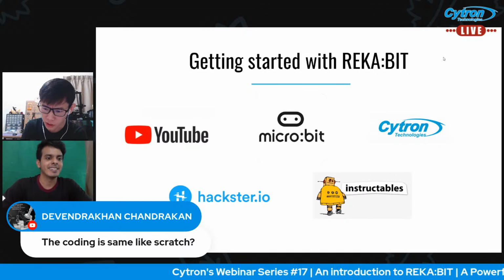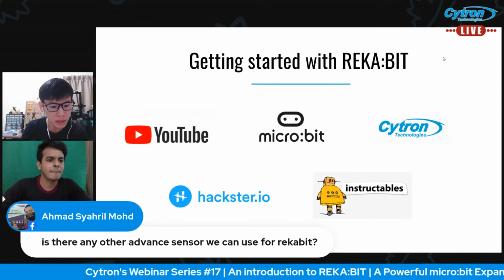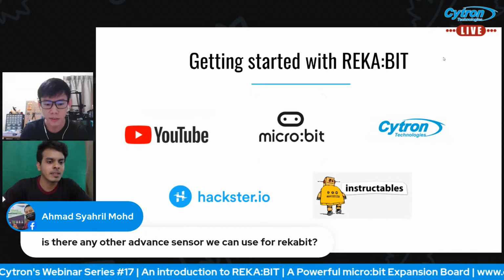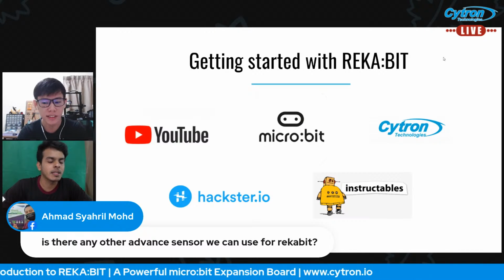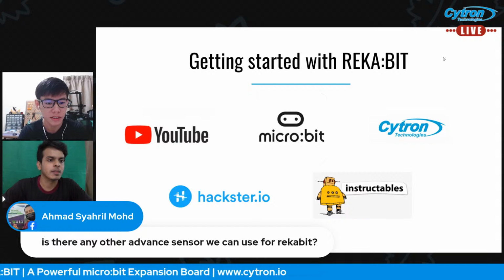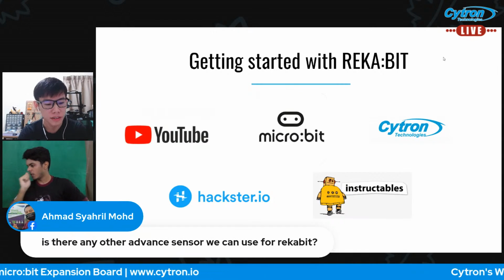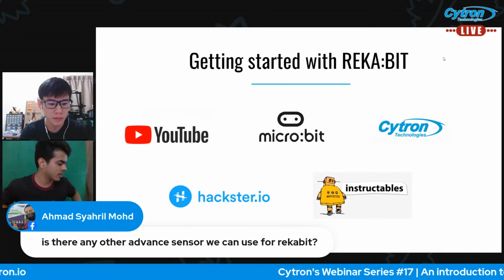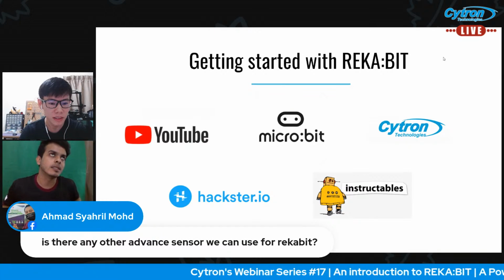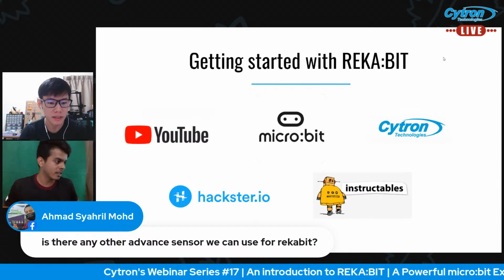All right, we have another question here. Is there any other advanced sensor we can use for REKA bit? Any other examples of sensors? Oh, let's see. Yeah, I have a DHT11 sensor, the temperature sensor. I can show you.